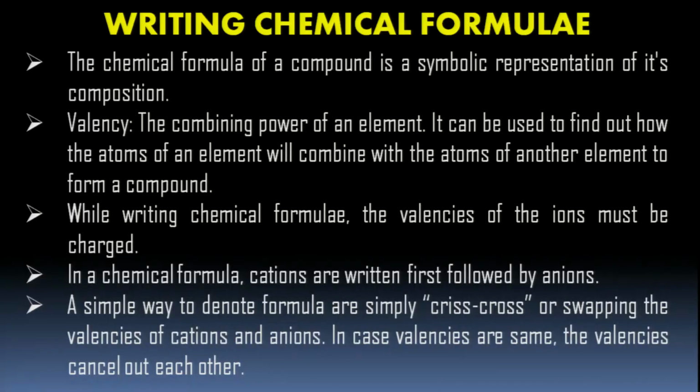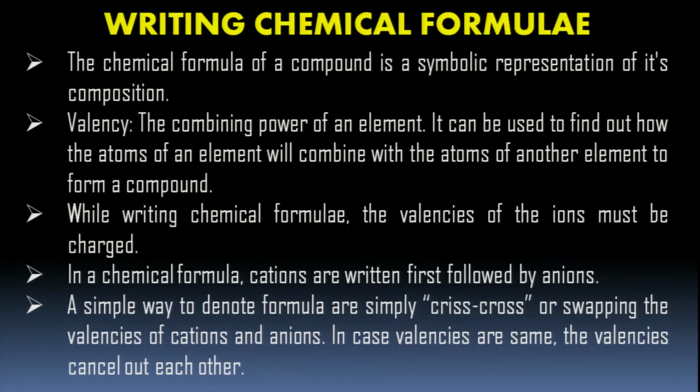While writing chemical formula, the valencies of the ions must be charged. Either they have positive valencies or they have negative valencies. Okay, children? In a chemical formula, cations are written first, followed by anions. Generally, metals are the cations and non-metals are the anions. First metals are written and then non-metals. First positive valencies, then comes the negative valency.